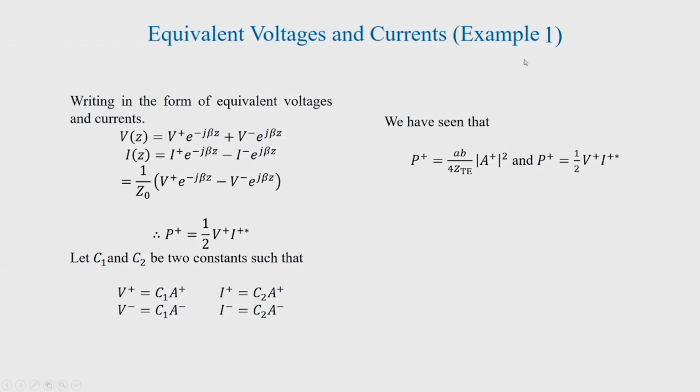Now, we have two expressions for P plus, one evaluated from the fields, another evaluated from the voltage and current, and if we equate these two, then we can write AB by 4 Zte, A plus mod square is equal to half V plus I plus conjugate.